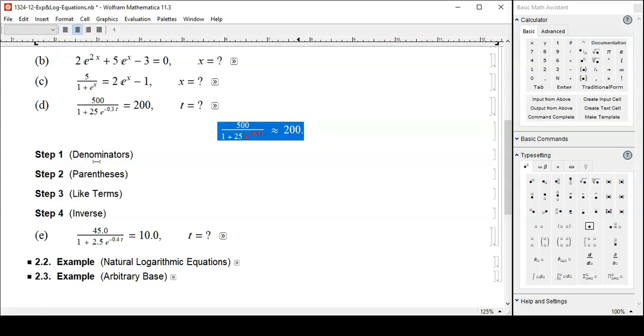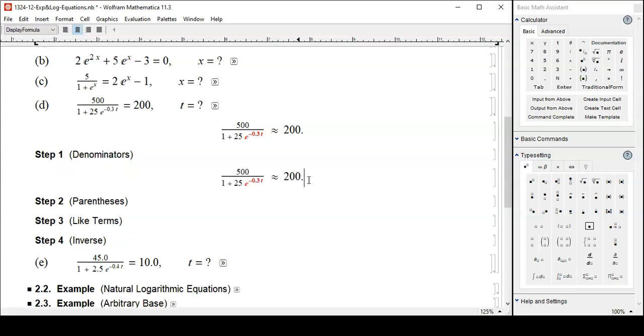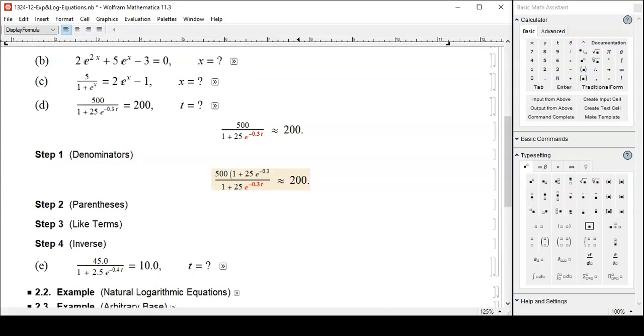Okay, let's go. Let's start from here, and then let's remove the denominator. How do I do that? Multiply the same denominator, 1 plus 25 e to the negative 0.3t, to both left-hand side and right-hand side.